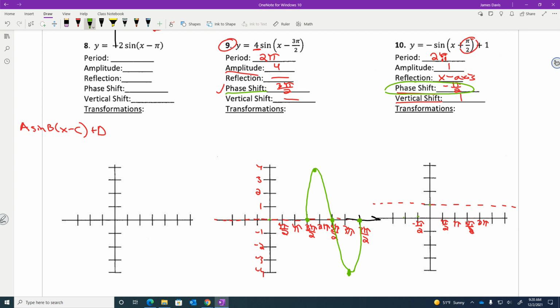So we're going to move it to the left. I'm just going to put the dot here. And the ones on the axis will just stay the same. So then I'll skip one, skip another one.